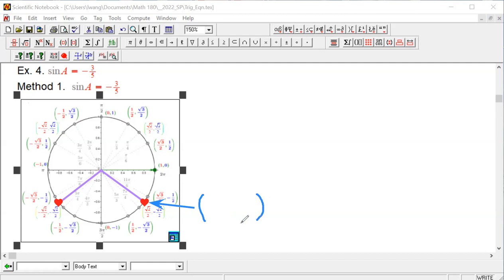The red number, we don't care. This other point also has the similar feature.